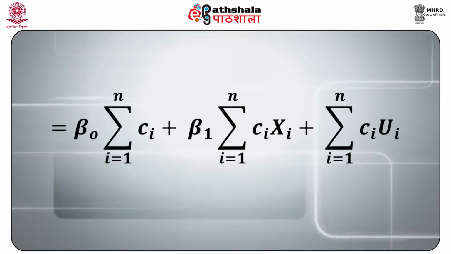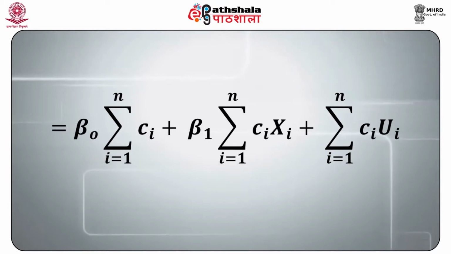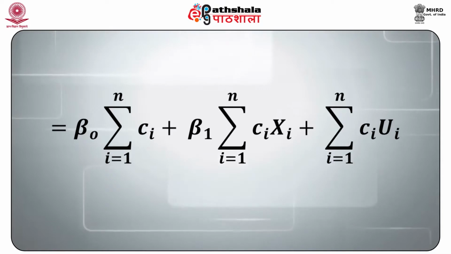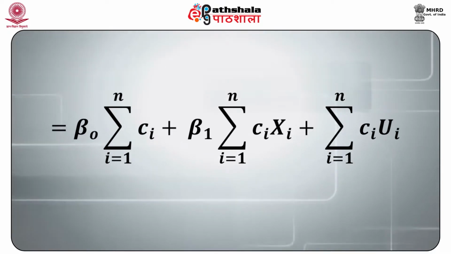On expansion, we get beta 1 tilde equal to beta 0 into sigma Ci plus beta 1 into sigma Ci xi plus sigma Ci mu i.